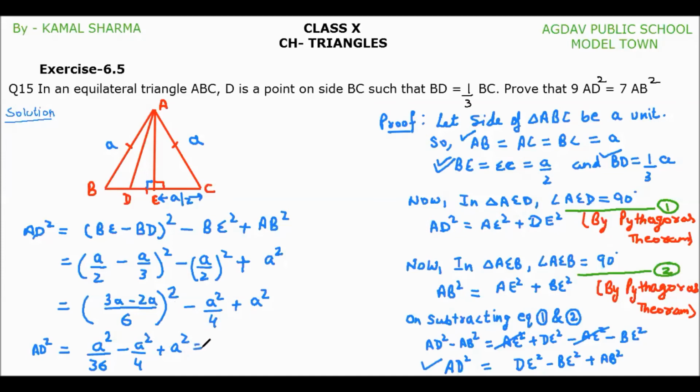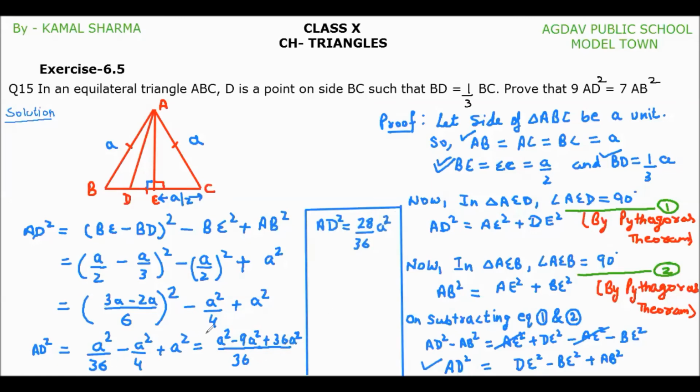On further simplifying, I'll get this A square minus 9A square plus 36A square after taking their LCMs. Now after simplifying further, we get AD square equals 28 by 36 A square. You can see 36A square plus A square is 37A square, minus 9A square is 28A square by 36.